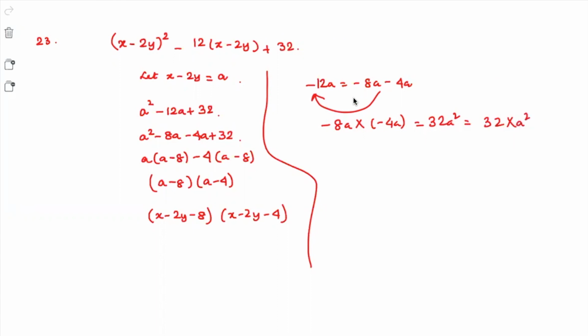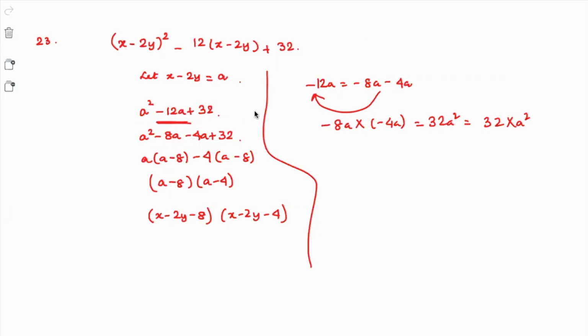So it is very, very important that when the middle term has a negative sign, but the two extreme terms are both positive, then the middle term will be broken into two terms whose signs will both be negative, because minus into minus gives us a plus.